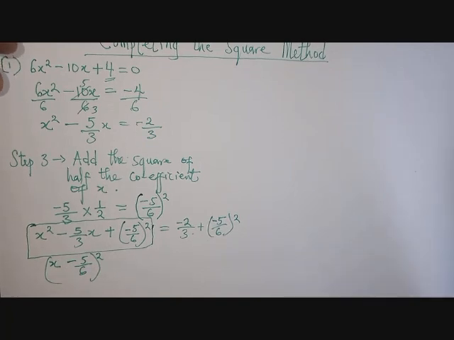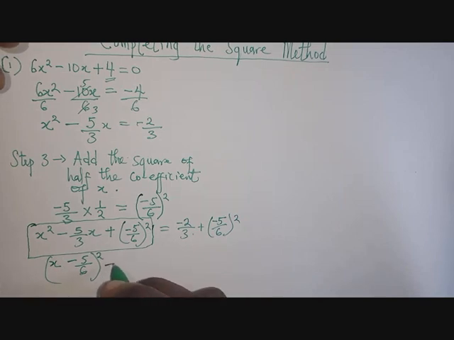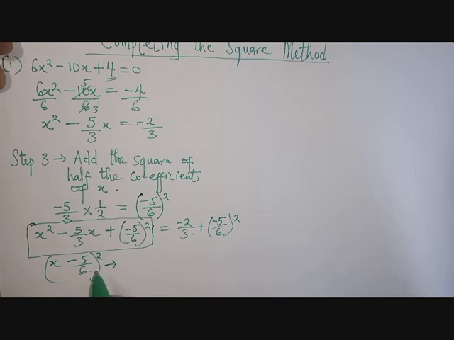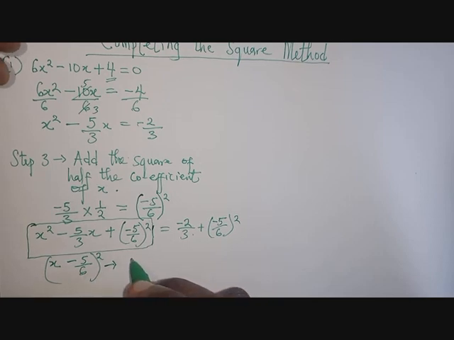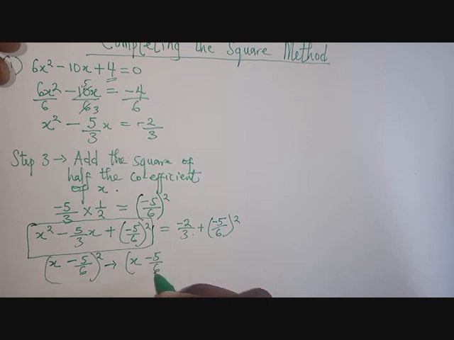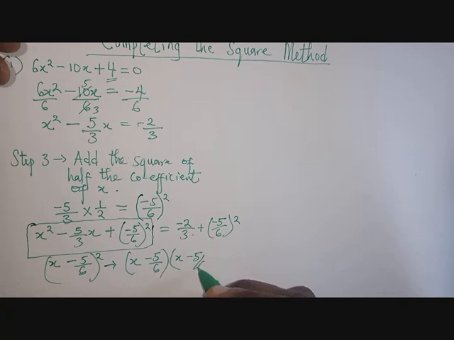You might be wondering, how did you get that? Good. Let's break it down further. So x minus 5 over 6 all squared is x minus 5 over 6 multiplied by x minus 5 over 6.